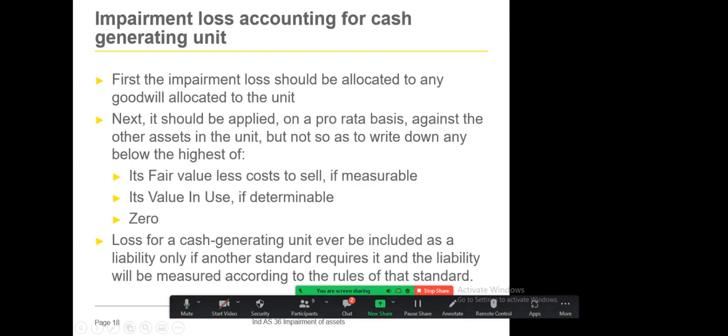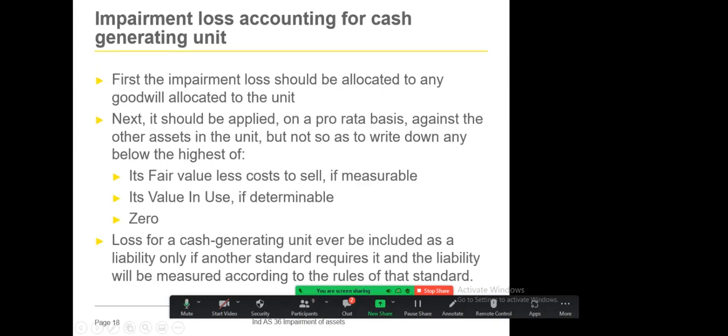Now moving on to the impairment loss accounting for cash generating units. Here we are not talking about just impairment loss. We are talking about impairment loss accounting. So that means how your entry for impairment loss will be made. First, the impairment loss should be allocated to any goodwill allocated to the unit.